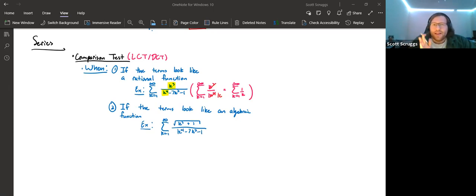If I ignore the fact that I'm working with a series and I just look at the terms themselves, it looks like an algebraic function on its own. Why algebraic? Because it looks like a rational function, but I have a square root or something extra there.